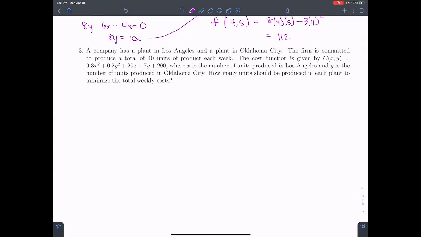So we're going to figure out our restraint, right? Since the firm is committed to producing 40 units, that means the units produced in LA plus the units produced in OKC needs to equal 40. This is our restraint. So we are going to have that X plus Y minus 40 is 0.